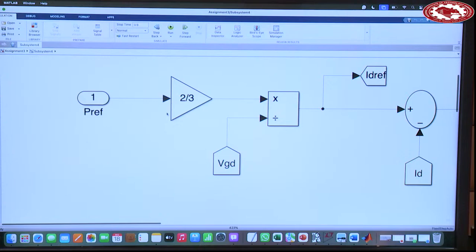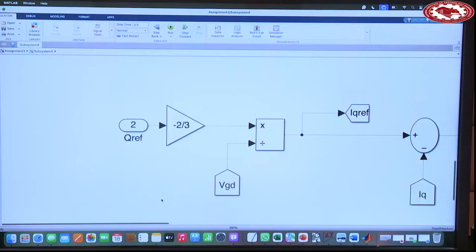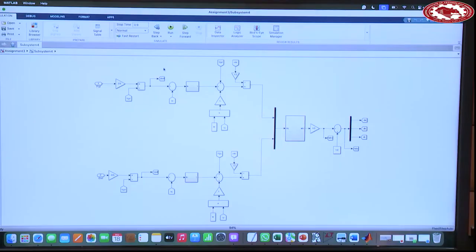Pref came, you multiply by 2 by 3 and divide by VGD, you get ID ref. Making sense according to theory? You got Q reference, multiply by minus 2 by 3, divided by VGD, you get IQ ref. Okay? Please let me know if we are deviating from the theory.